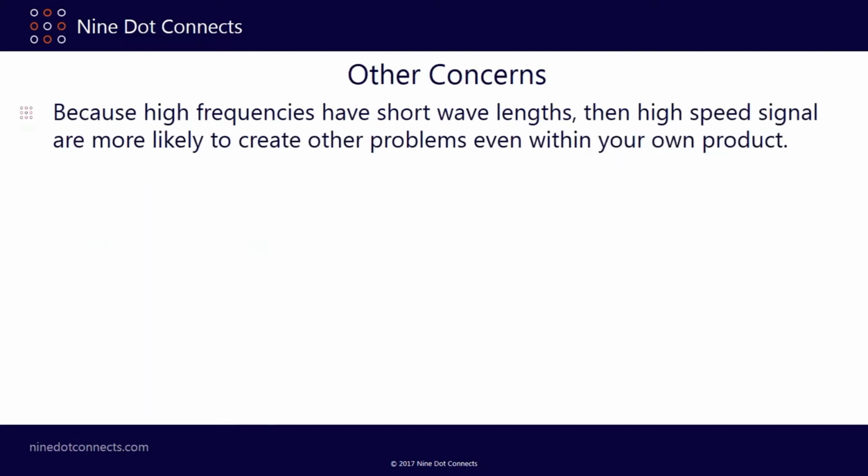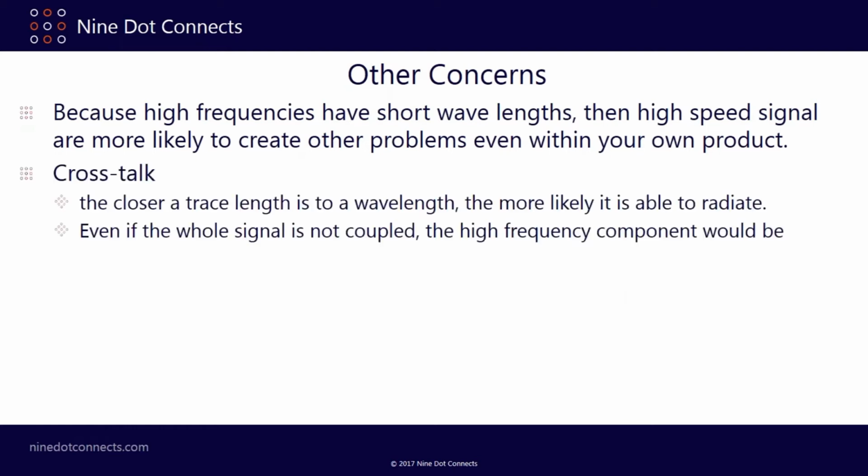Now, there are other concerns. Because high frequencies have short wavelengths, high-speed signals are more likely to create other problems even within your own product. The closer a trace length is to a wavelength, the more likely it is able to radiate. Even if the whole signal is not coupled, the high-frequency component would be. That means the leading edge is going to create a pulse on a track next to it.